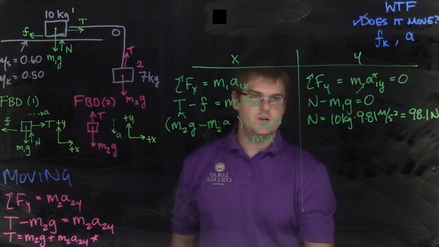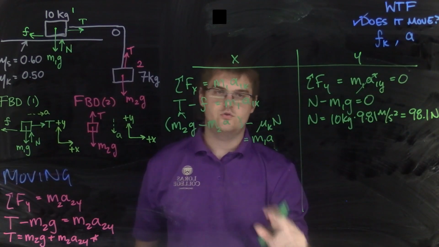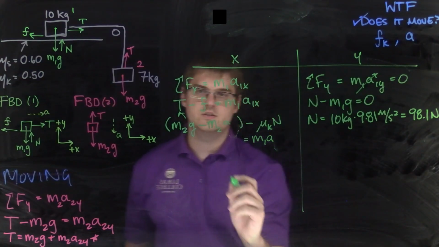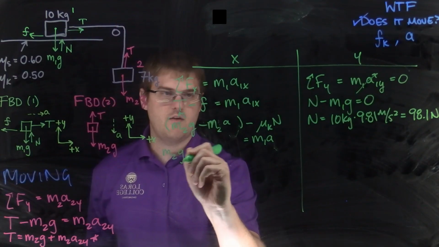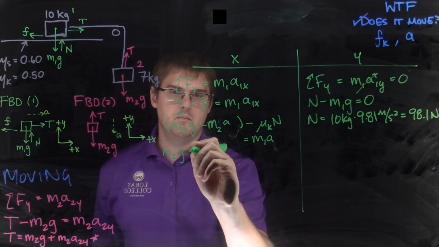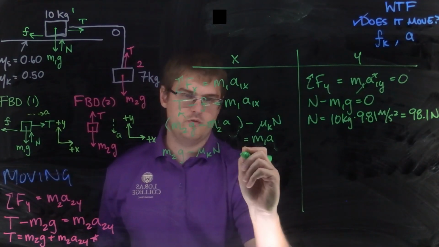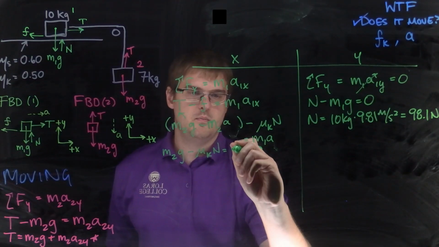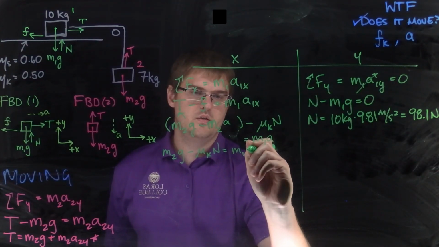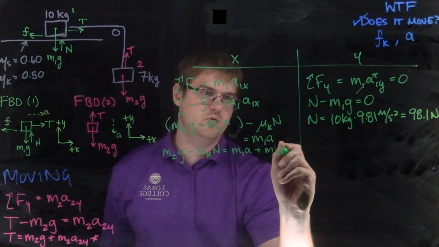Now we have one equation, one unknown. I can go ahead and extract both of the accelerations to the other side. So mass of 2 times gravity minus mu k times my normal force is going to be equal to mass of 1 times acceleration plus my mass of 2 times acceleration.